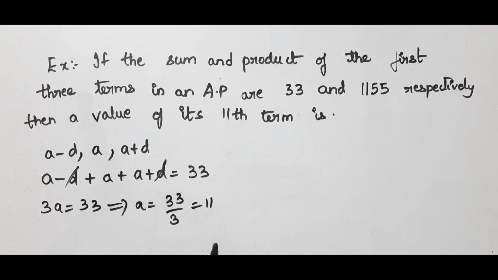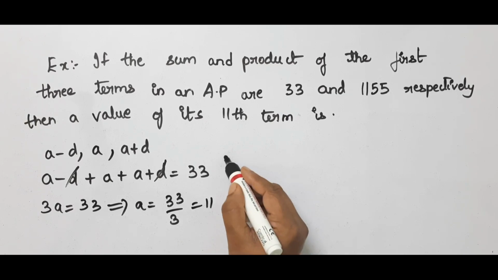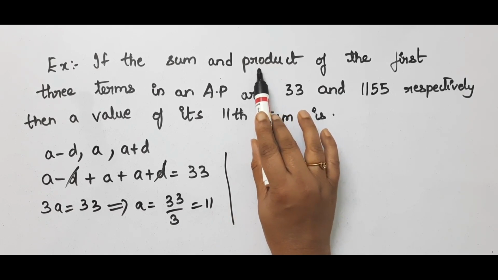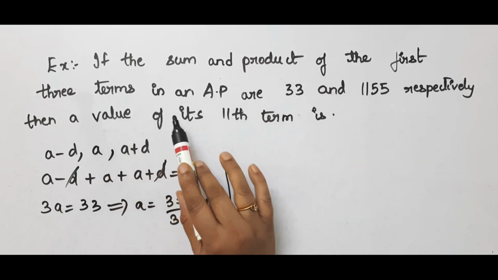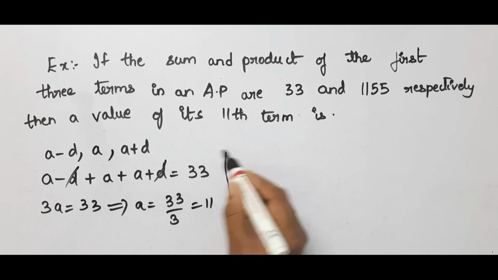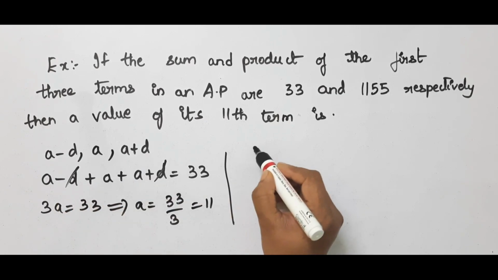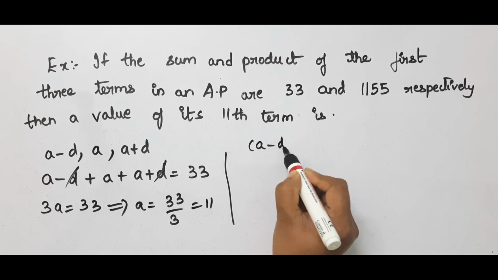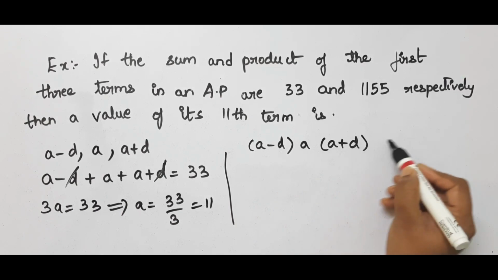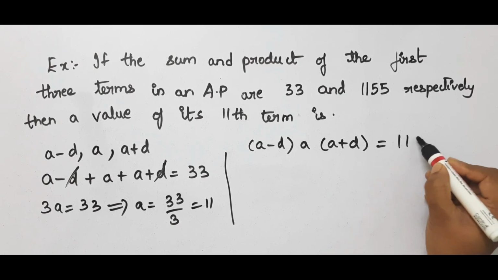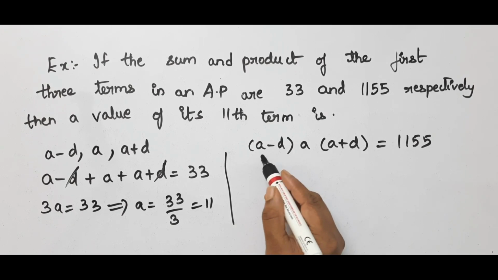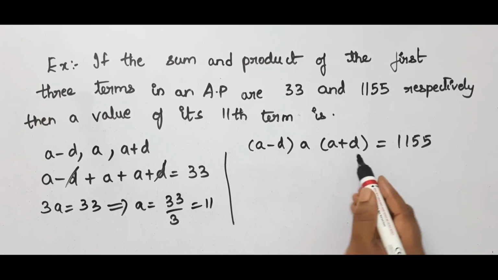Now we have to find the d value. To find the d value we have to use the second condition, that is the product of the first three terms is 1155. Product means we have to multiply these three terms, is it not? So a minus d into a into a plus d is equal to 1155. Okay, so this is of the form a minus b into a plus b, is it not?